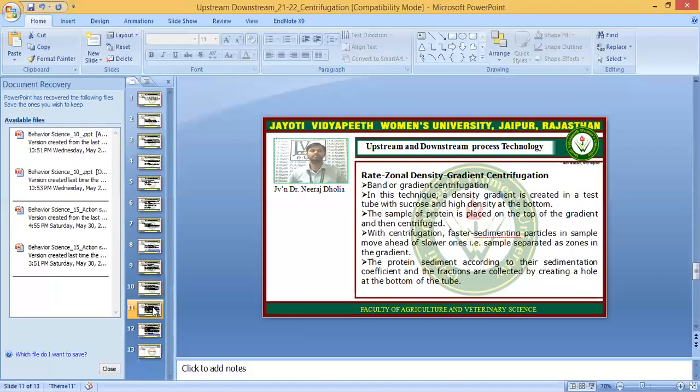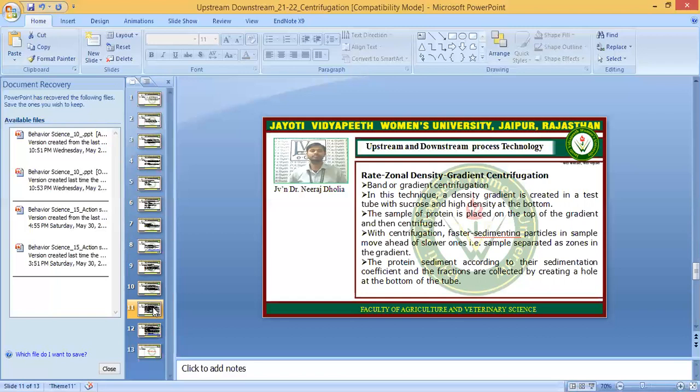Next is the rate zonal density gradient centrifugation. It is also known as the band or the gradient centrifugation. In this technique, a density gradient is created in a test tube with sucrose, with high density at the bottom. The sample of protein is placed on the top of the gradient and then centrifuged. With centrifugation, the faster sedimenting particles in the sample move ahead of the slower ones.